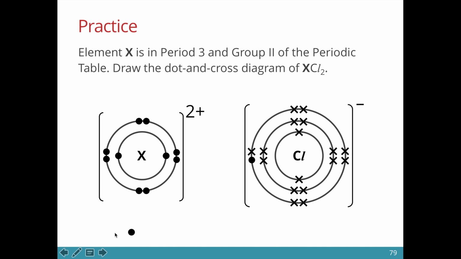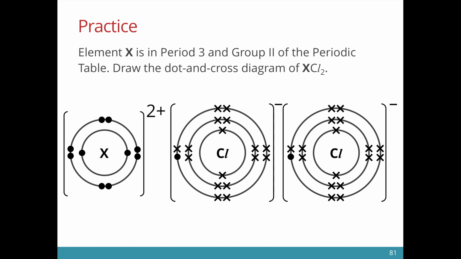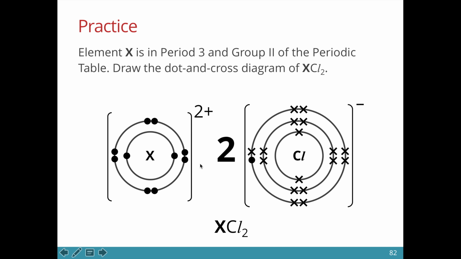This leaves us with 1 additional electron here to be gained, and we can get another chlorine atom to come in, which can gain the remaining electron. Now we see that X loses 2 electrons, and each of these chlorine atoms gains 1 electron. To save time, we can write it in this way, where the 2 denotes that there are 2 chloride ions for every X ion.